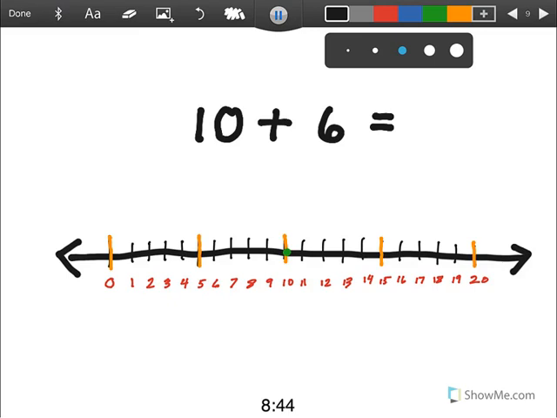So I put my marker on 10, and I'm going to move up 6 spaces. So I'm going to go 1, 2, 3, 4, 5, 6. So I landed on 16. So 10 plus 6 equals 16.